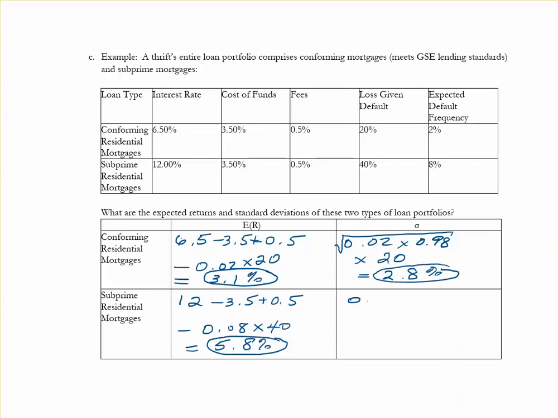And for subprime, we have an expected default frequency of 8%. 1 minus 8% is 0.92. Square root, times 40, giving us, and I'm going to round to a few digits, 10.8517%.